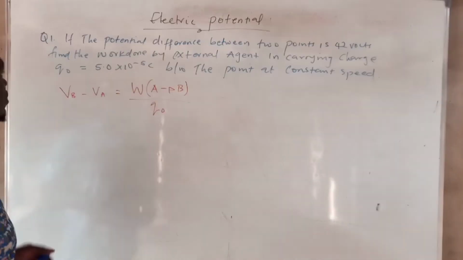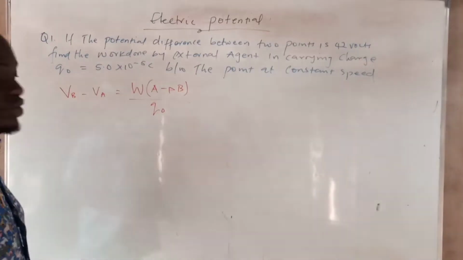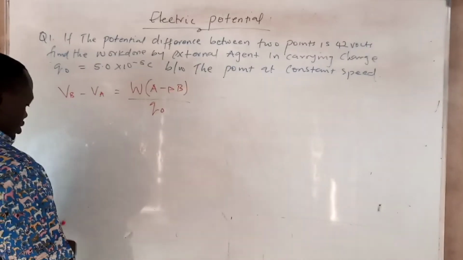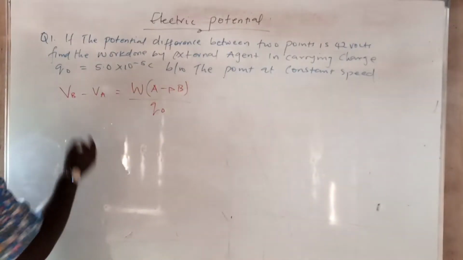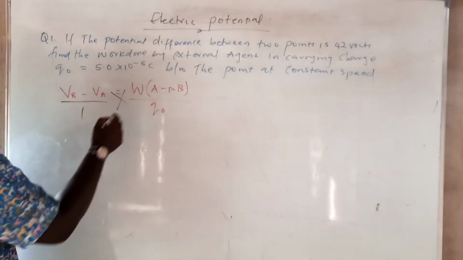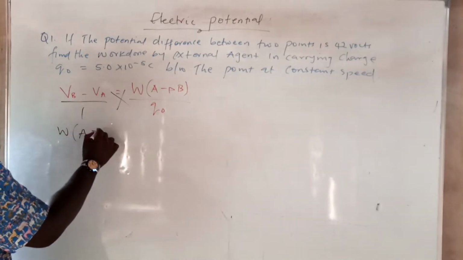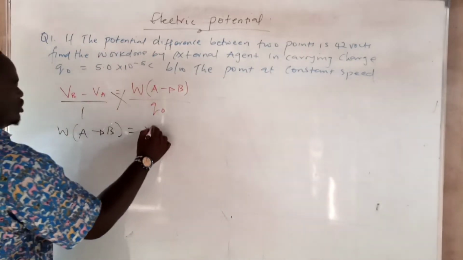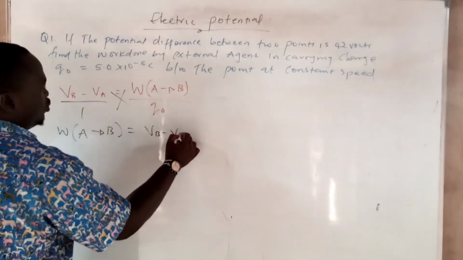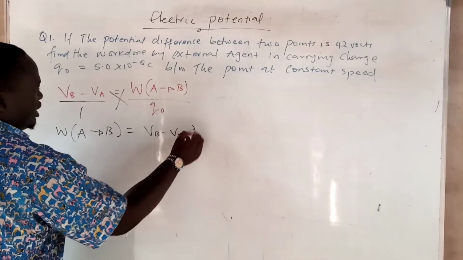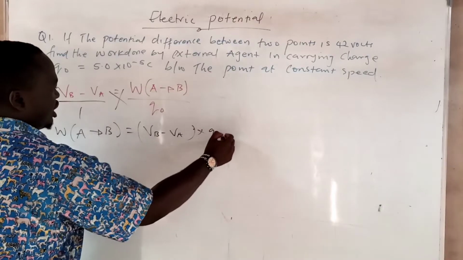From the question, we are to find the work done. So all you need to do here is cross multiply. This is all over 1. You cross multiply, and this will give you the work done from A to B equals the potential difference between 2 points times the charge.